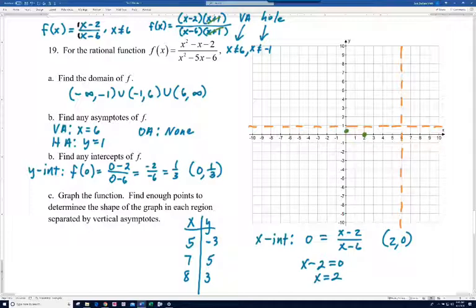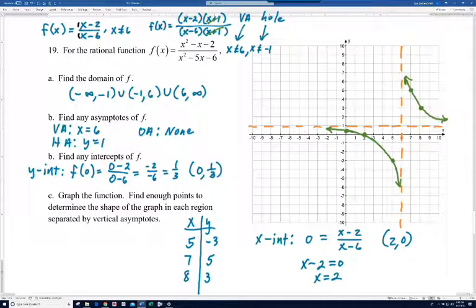So I'm going to go ahead and put in the point 5, -3, and so I got the kind of arc I was expecting there. It's going to look like that. And then on the right side of the vertical asymptote, let's put in our 2 points, 7, 5, and 8, 3. And you can see that, well, first of all, the graph will be up in this region here, and so our arc is going to look something like that.